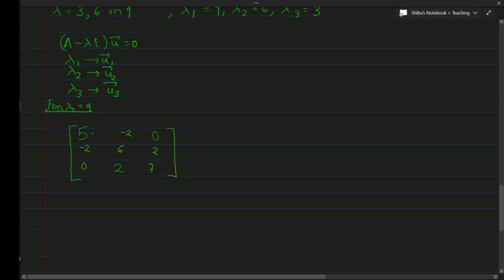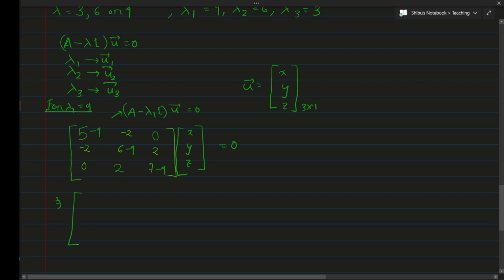If we subtract 9 in this position, then this is equivalent to A minus lambda 1 I, right? And we'll multiply u and it should be equal to 0. Let's say our u is a 3 cross 1 vector, and its components, let's say x y z, right? And it should be equal to 0.